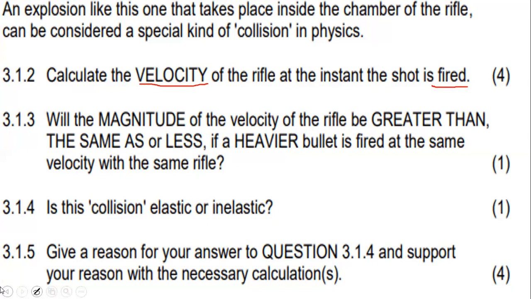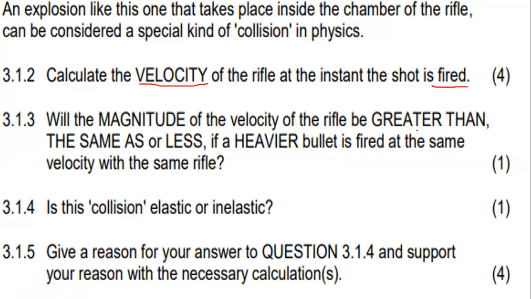But if the collision is inelastic, then the total linear momentum is still conserved, just like with elastic. So the total linear momentum before the collision will be equal to the total linear momentum after the collision. But if the collision is inelastic, then the total kinetic energy before the collision will not be equal to the total kinetic energy after the collision altogether.